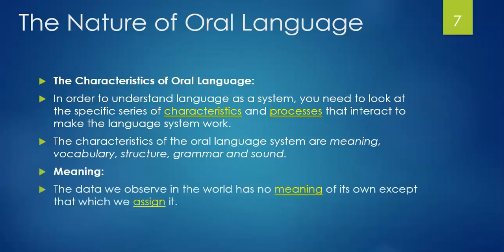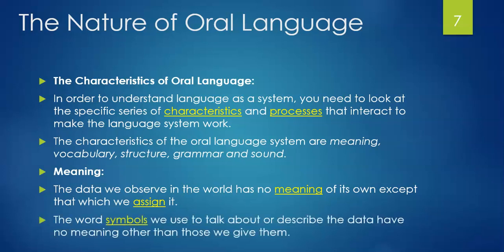First, meaning. The data we observe in the world has no meaning of its own except that which we assign to it. The word symbols we use to talk about or describe the data have no meaning other than those we give them.